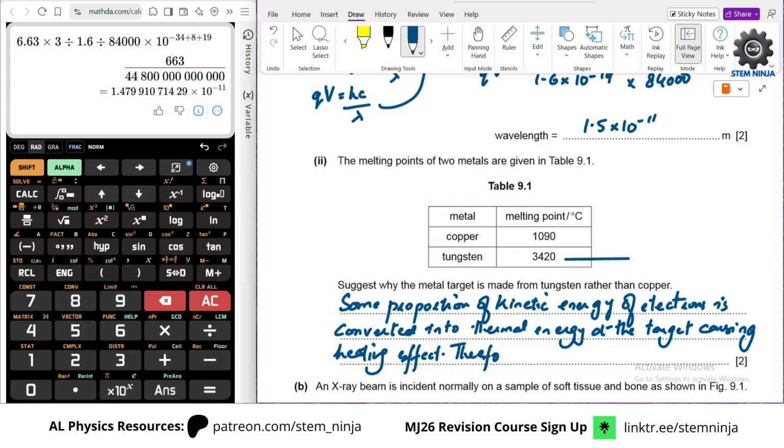Therefore, tungsten would be a suitable choice as it has a higher melting point.